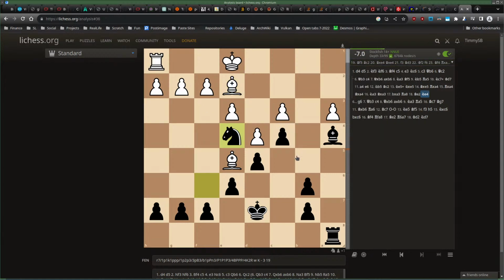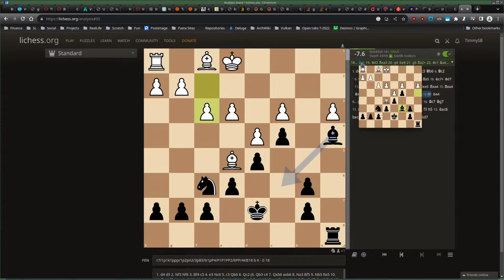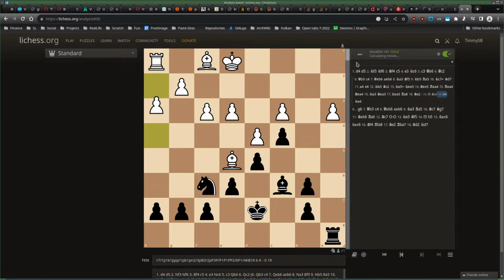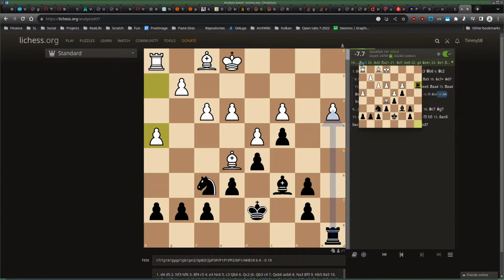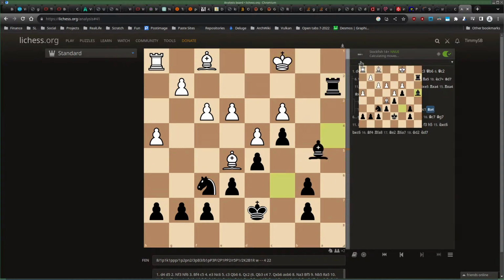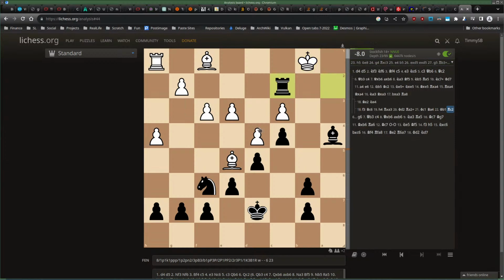That's a bunch worse. What about this move? Again, attack on the c pawn.